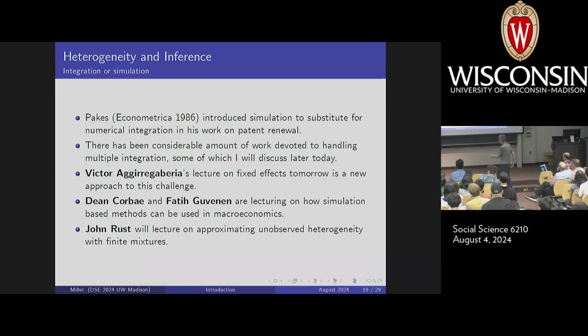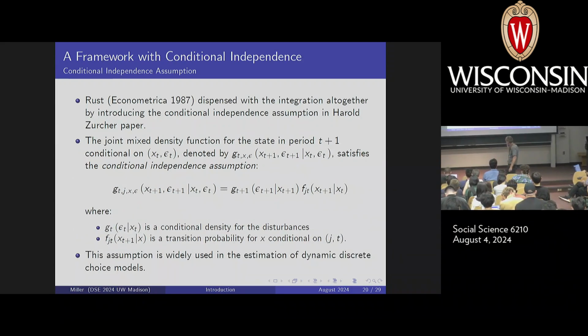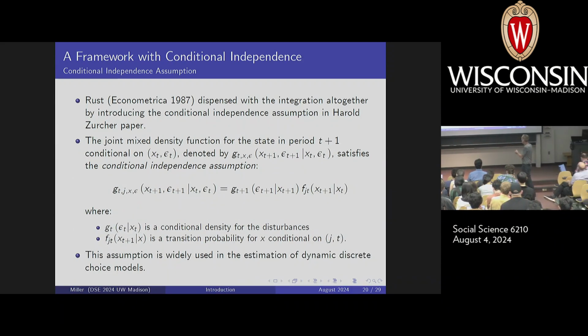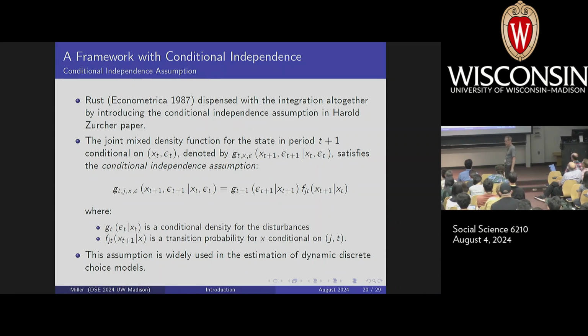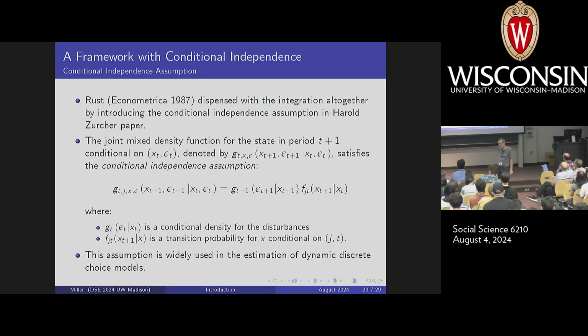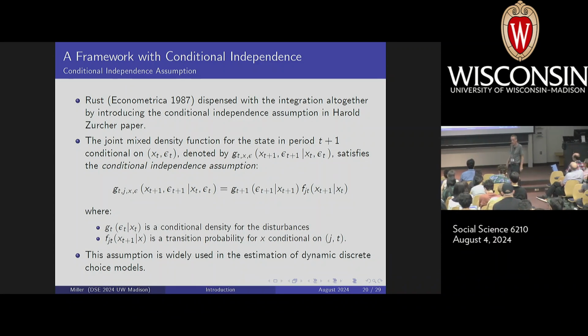So there's been a fair bit of work on how to deal with the integration problem that, in a very brief way, I've described. But another way of dealing with it is to say, let's get rid of it. And this is John's point in the Mr. Zerker paper. Let's set it up so that there is no multiple integration by introducing this conditional independence assumption.